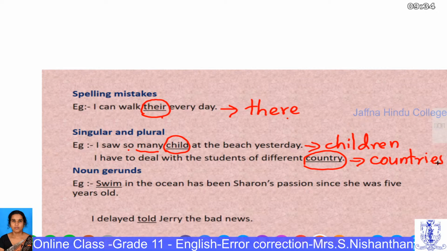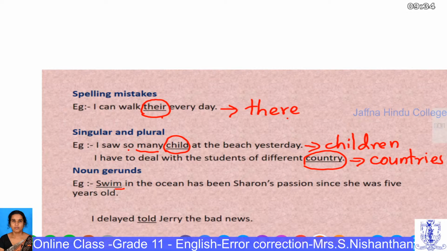Then, there may be noun gerunds. As you all studied in grade 8 or 9, there are noun gerunds, the words that end with ing but act as a noun. "Swim in the ocean has been Sharon's passion since she was 5 years old."